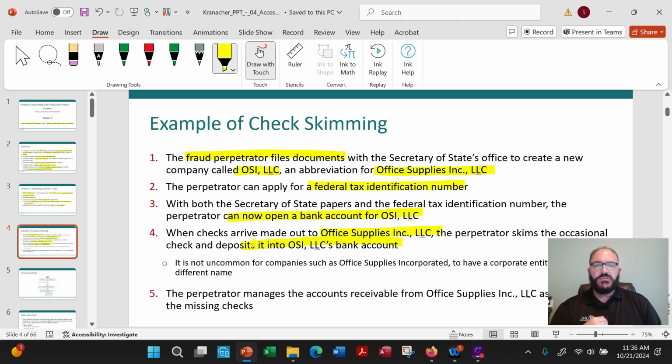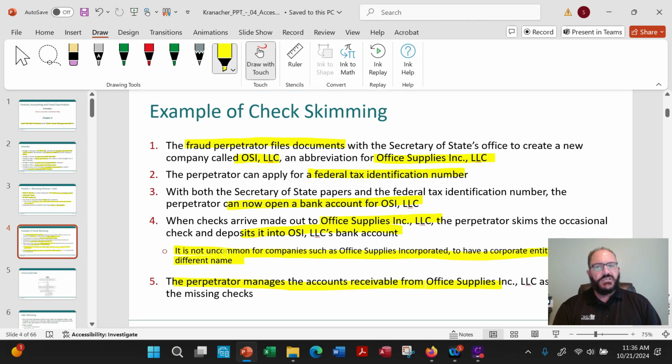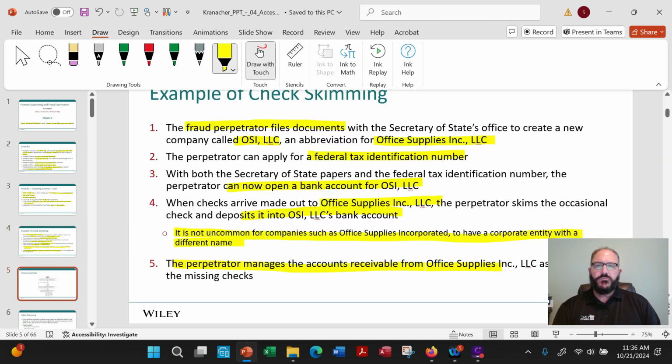It's not uncommon for companies such as Office Supplies Incorporated to have a corporate identity with a different name. In other words, the operational name versus the corporate name could be two different things. So the perpetrator manages the accounts receivable from Office Supply, and they hide the missing checks. That's just an example of what could happen.